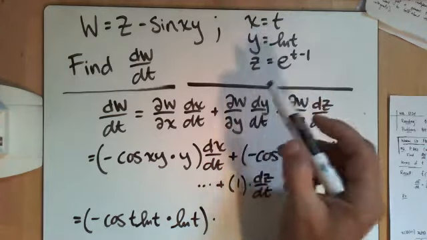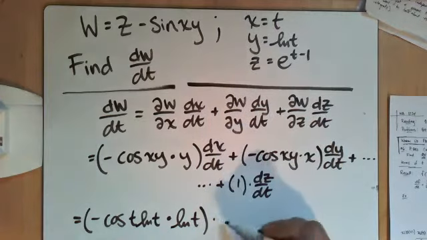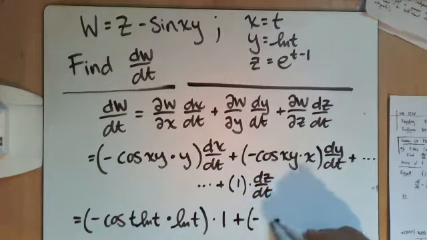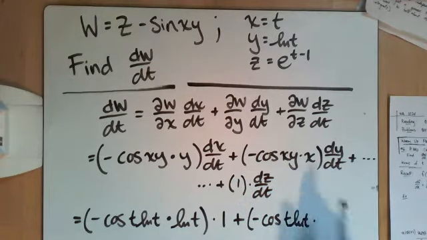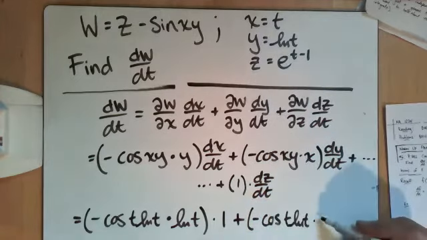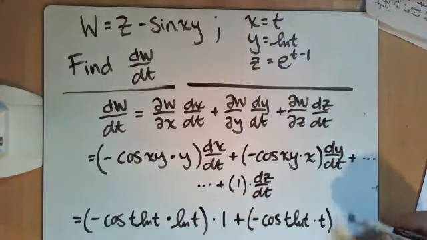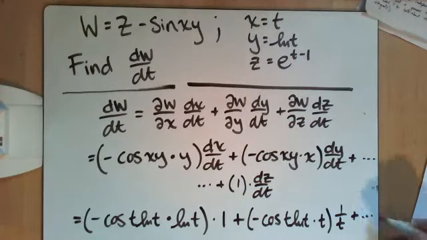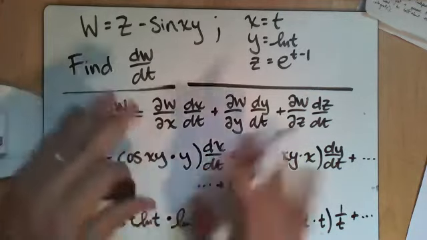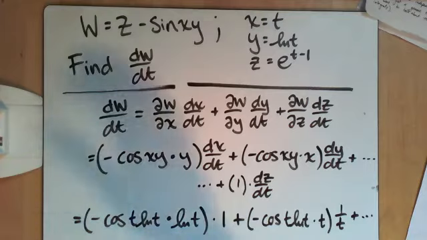If x is just t, dx dt is just 1. Plus, I get the same thing, negative cosine t log t, and now I multiply by x, so I get a t. And then dy dt is just 1 over t. Plus, I'm going to run off the page, so let me erase and then continue working.